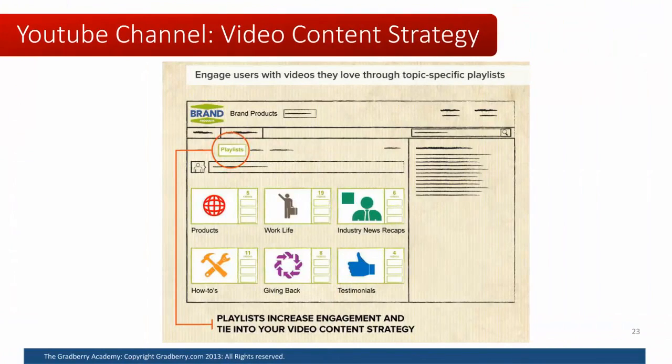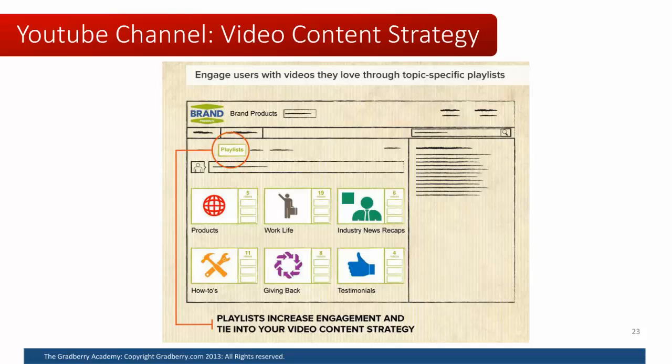Also, you can engage your users with videos they love through topic-specific playlists. So playlists increase engagement and tie into your video content strategy. What's great about playlists is that you're not only watching one video, you're watching multiple. And that really increases the overall video views, the overall engagement of your user with your brand.